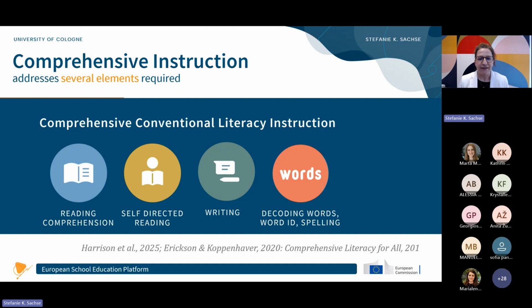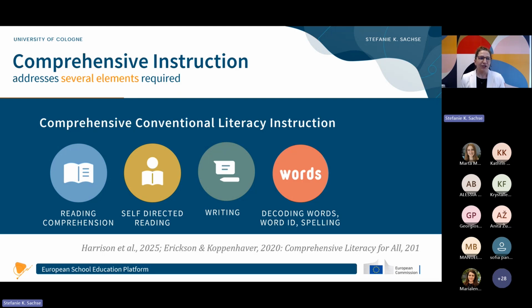This is an example from Karen Erickson's and David Koppenhaver's book, Comprehensive Literacy for All. We used this at the Research Center for Literacy and Inclusion. It's one of the bases for our focus, because we have this focus on teaching all students, including those who have severe disabilities.